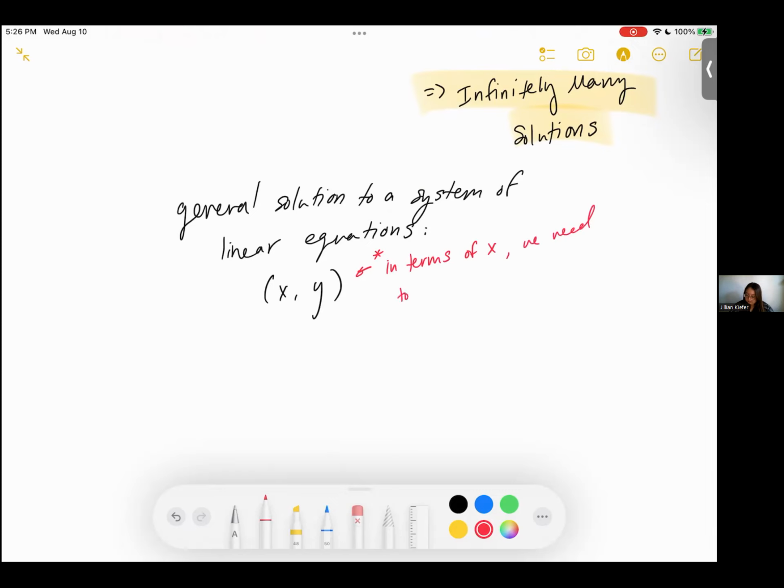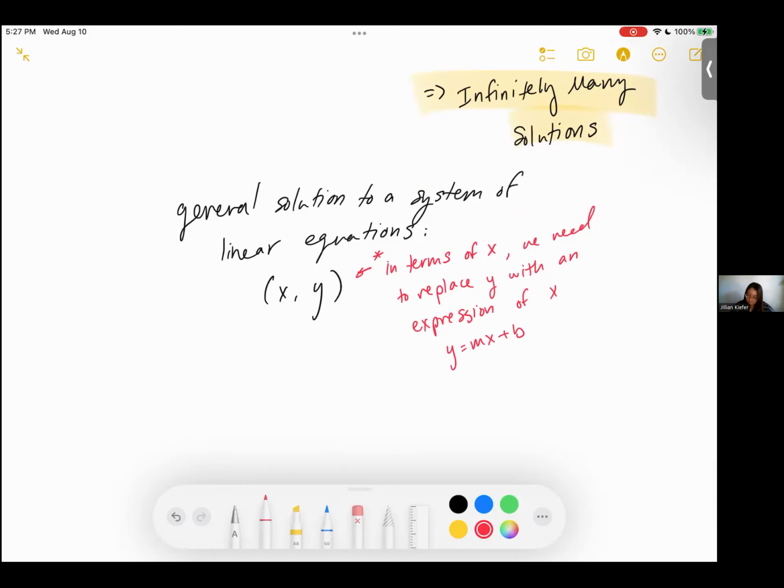we need to replace y with an expression of x, which is going to be your slope-intercept form. y is equal to mx plus b. That is the idea.